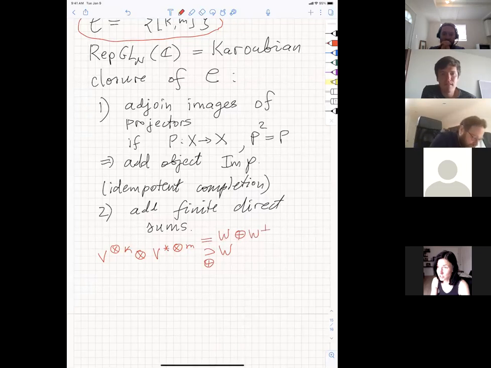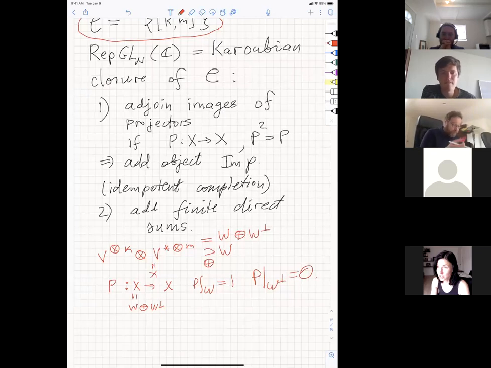Okay. So then there is a projector. If I call this object X, then there is a projector from X onto W. So P on W is 1 and P on W perp is 0. And then the image of this projector is this W. And this projector is invariant with respect to GL_N. So other questions?